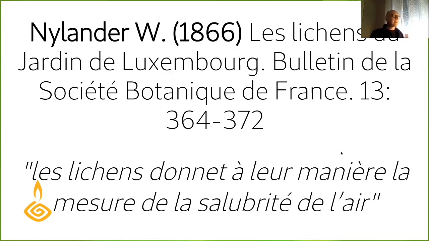So he realized at the end of the 19th century that lichens were more abundant in places where the pollution was less, and less diverse and less abundant in places where there was more pollution, up to the total disappearance of lichens, the so-called lichen desert.